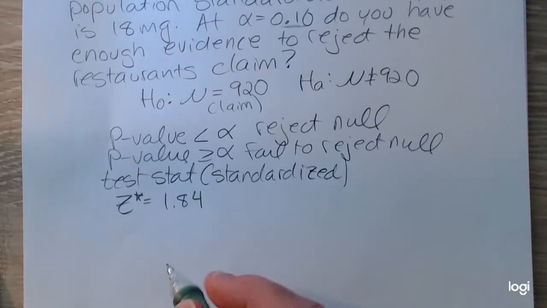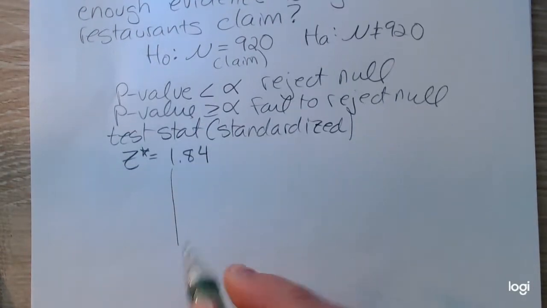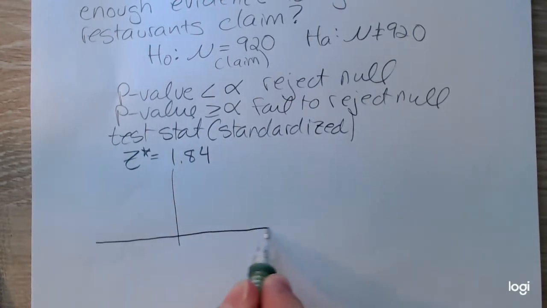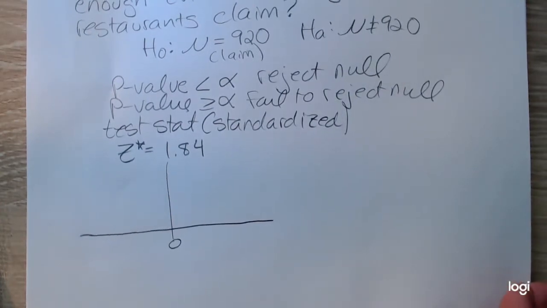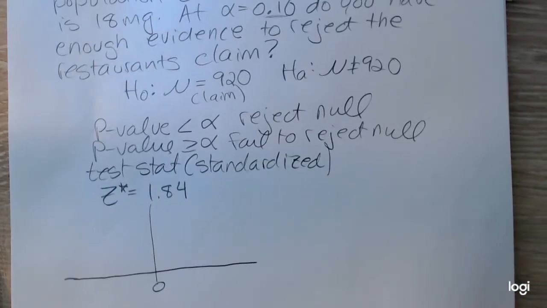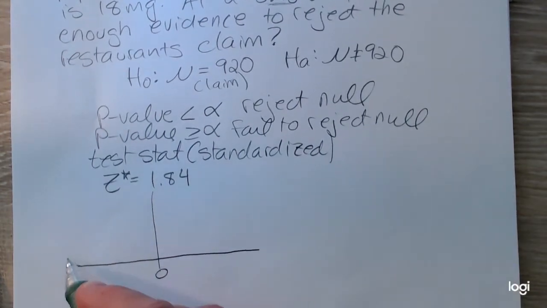Okay, so what we're looking for in terms of an area, you want to keep in mind that the p-value is a probability. It is an area, and so is alpha. Alpha represents the area under the curve that represents our rejection region.